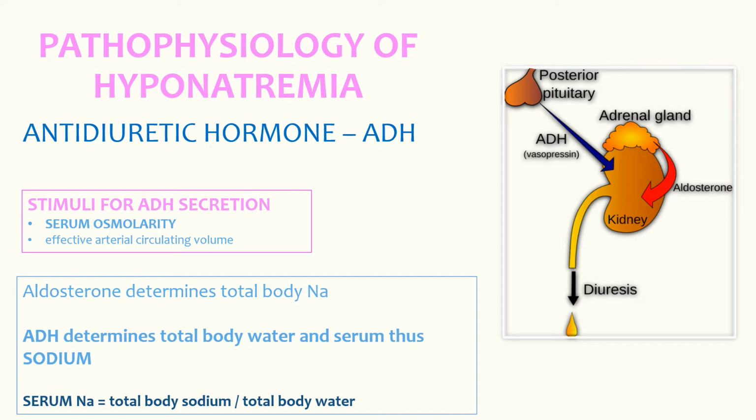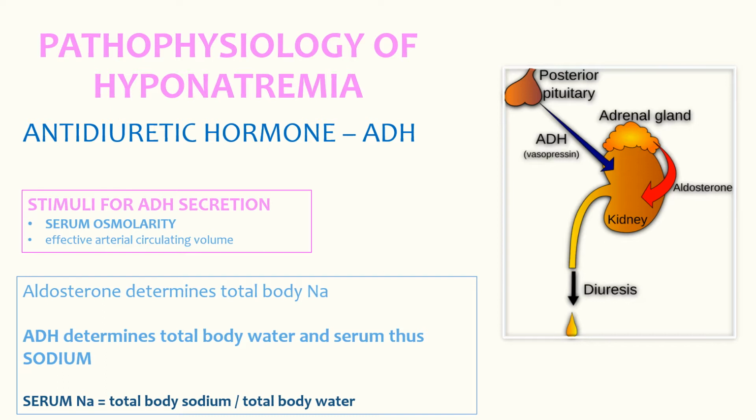ADH is secreted to regulate the osmolarity between 280 and 295. So ultimately what do you get? Ultimately you get that ADH determines the total body water and thus the serum sodium and the serum osmolarity.